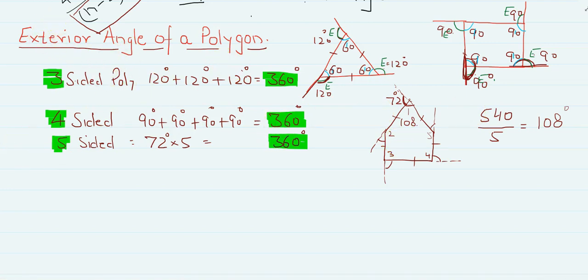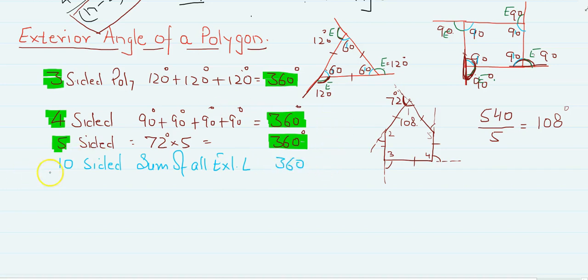So we can say that if a polygon is 10-sided, then the sum of all exterior angles is 360. So it's irrespective of the number of sides.